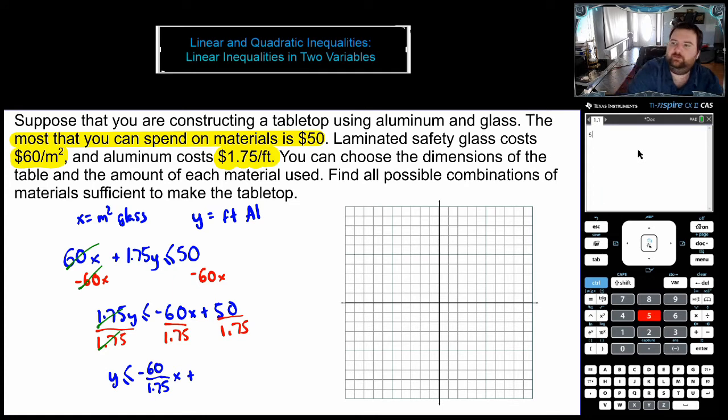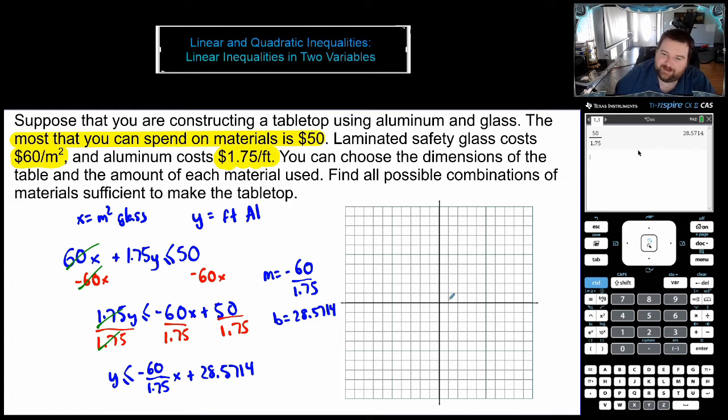So let's do 50 divided by 1.75, and that's 28.5714. So plus 28.5714. Our slope is negative 60 over 1.75, and our b value is 28.5714.